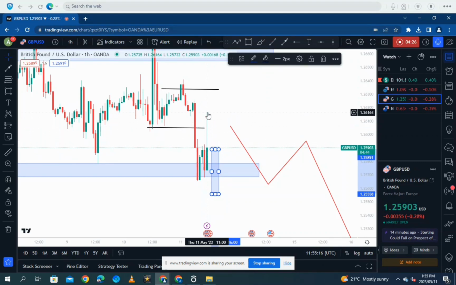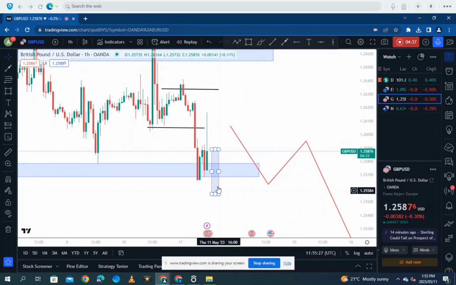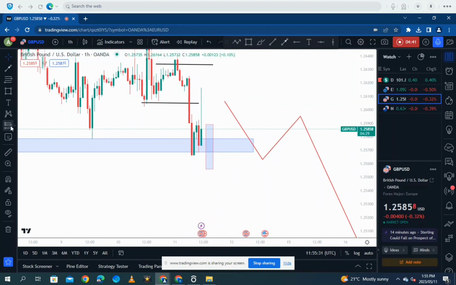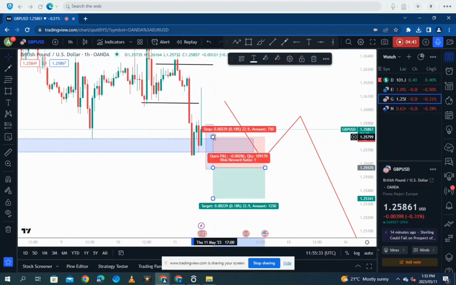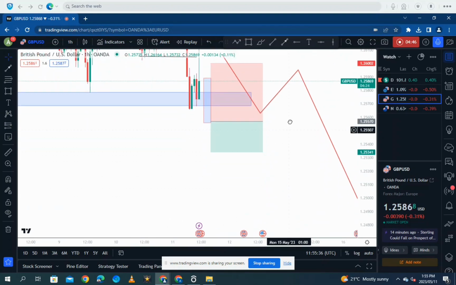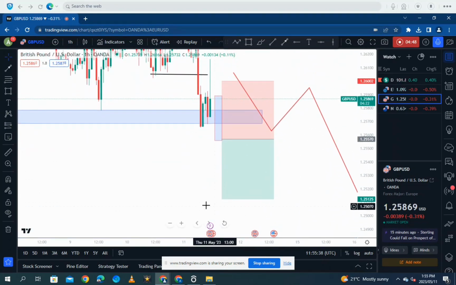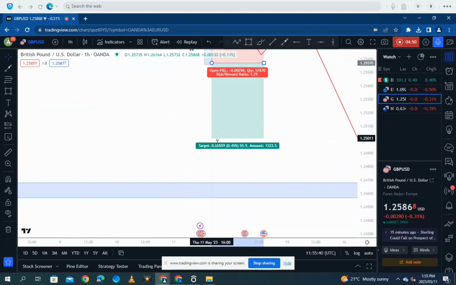Now granted, it is a wick, which is what I wanted to see, but I still need a further confirmation. I need to see a red candle pushing to the downside, breaking and closing below this level there, then I can execute a trade, stop loss above structure, and then go for my targets as you may. But that is GBP USD.